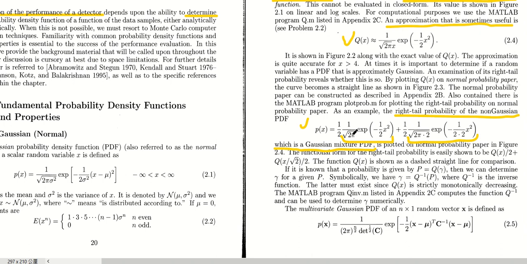Let's be careful about its parameters. This one has sigma square equal to 1 and mu equal to 0. This one has sigma square equal to 2 and mu equal to 0. So this is a Gaussian, this is a Gaussian.